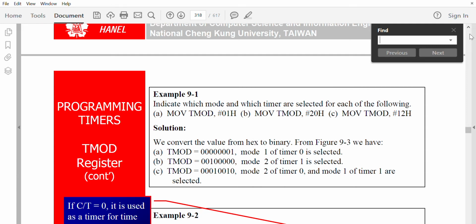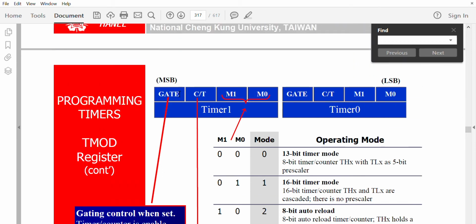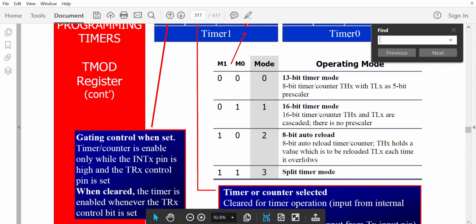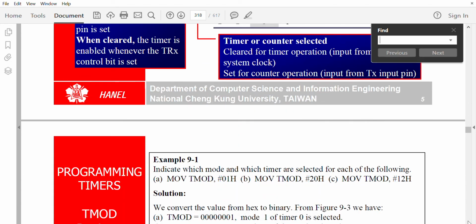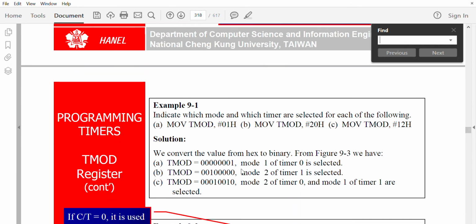Here all the others are 0, so we are not going to talk about timer 1. If you want to talk about timer 1, it is in mode 0. So mode 1 of timer 0 is selected.